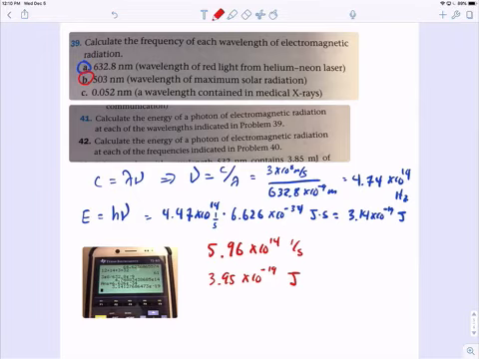Yeah, it looks like minus 9. Okay, good. And this multiplied by h, 6.626 times 10 to the minus 34.